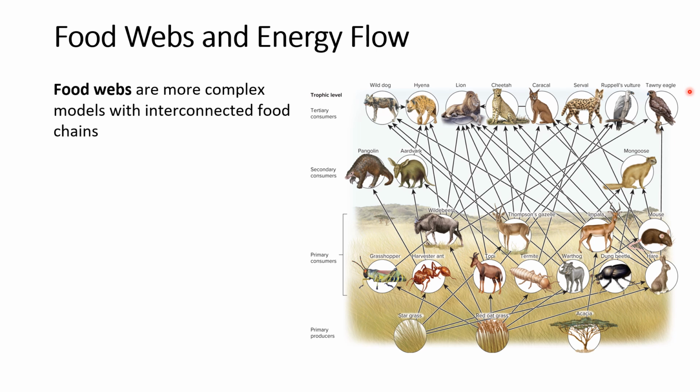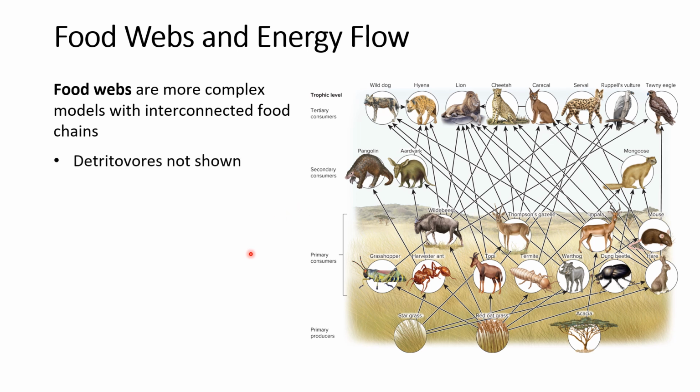That's called a web because it quite honestly looks like a spider web when you draw the arrows. And the arrows, notice, are always pointing towards the consumer, but they also show us the flow of energy. So when a cheetah consumes a Thompson's gazelle, the energy that was stored in the gazelle is being consumed by the cheetah.